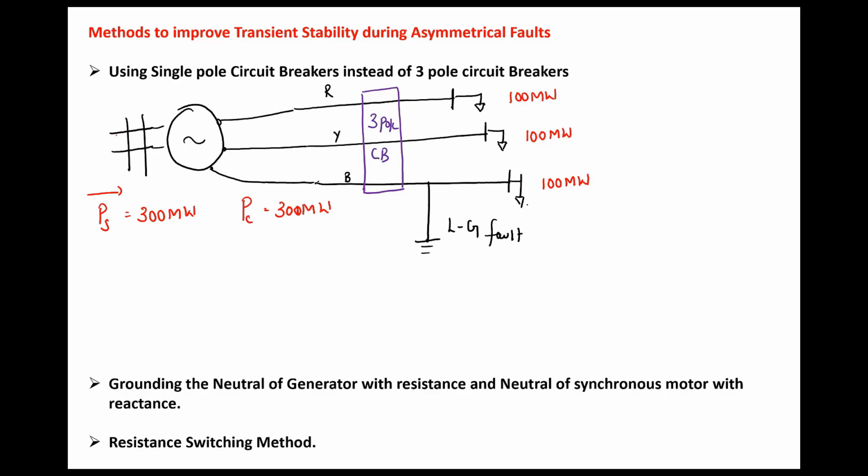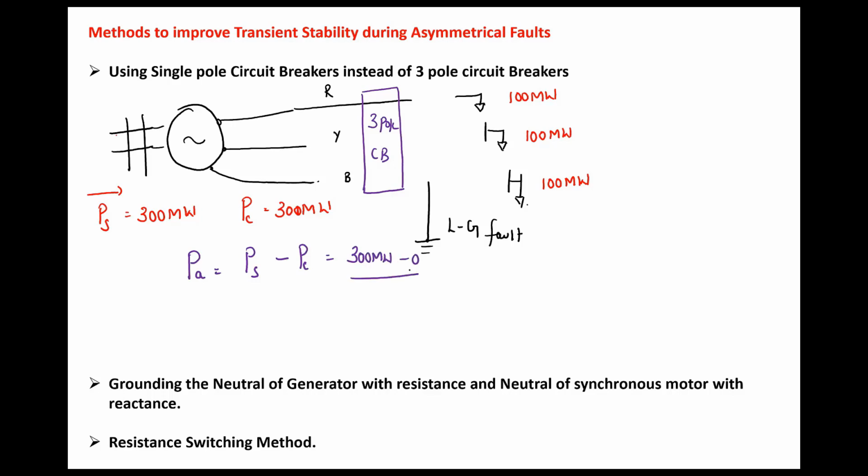So when the circuit breaker opens all three phases, the load on the alternator becomes zero. When the load on the alternator becomes zero, the net accelerating power on the shaft of the alternator is mechanical input minus electrical output. That will be 300 megawatt minus 0.